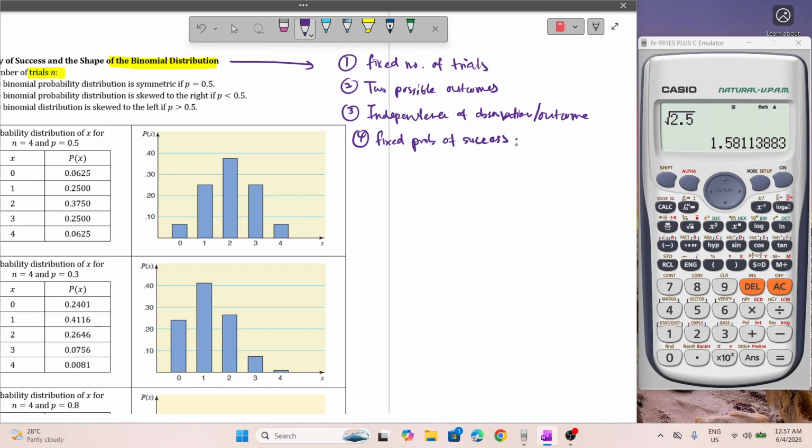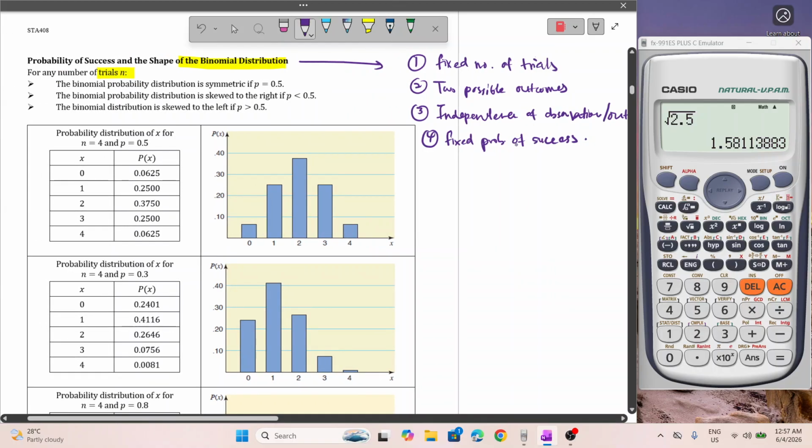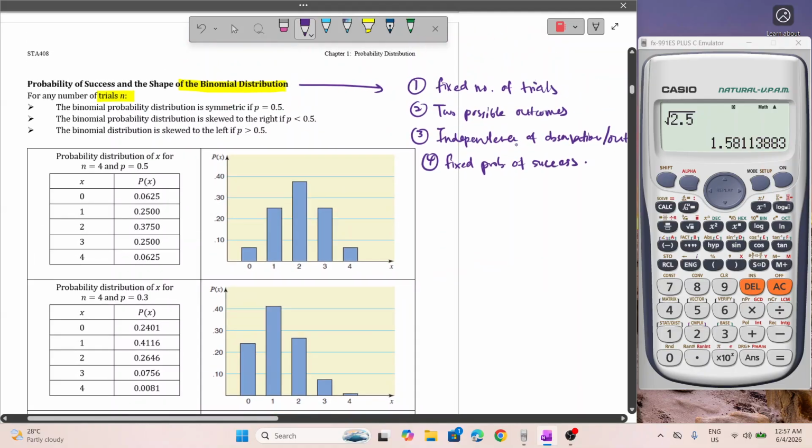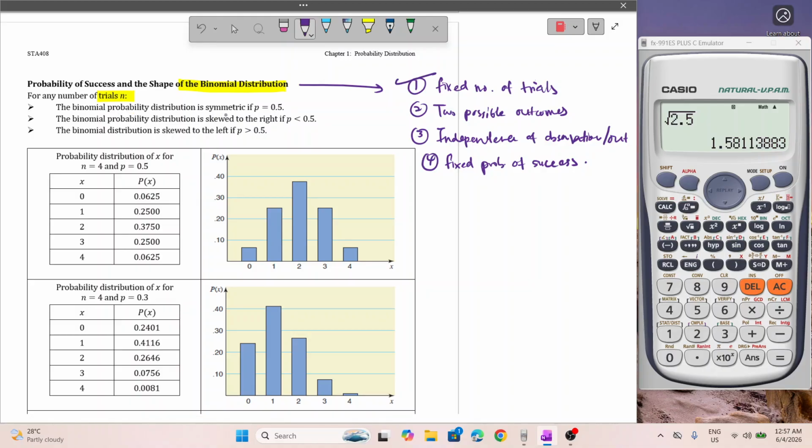The probability of success remains the same across the number of trials. The binomial probability distribution is symmetric if p, the probability of success, is equal to 0.5.